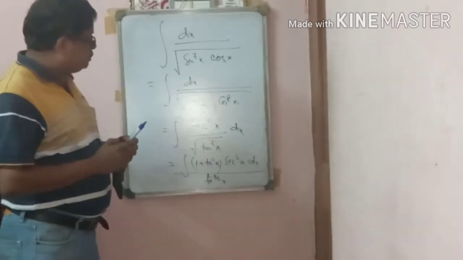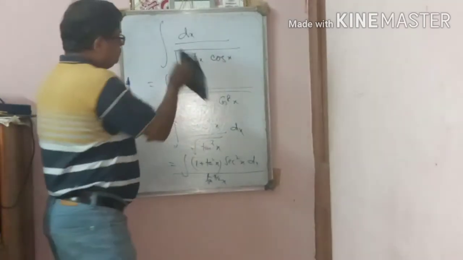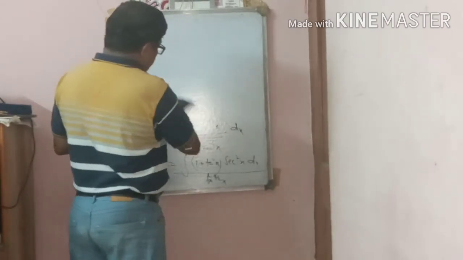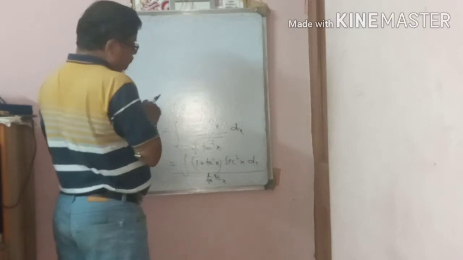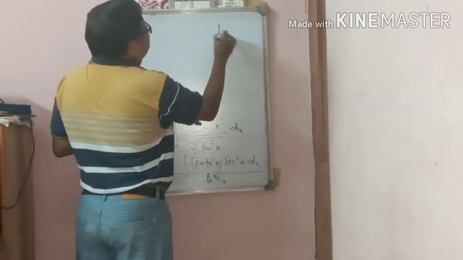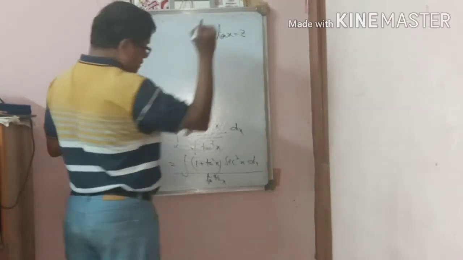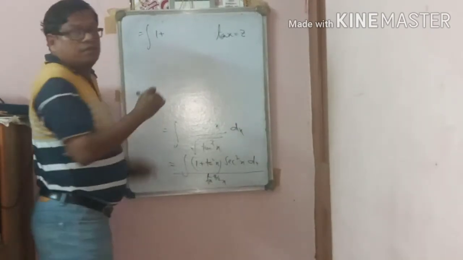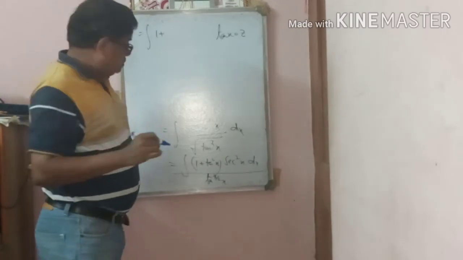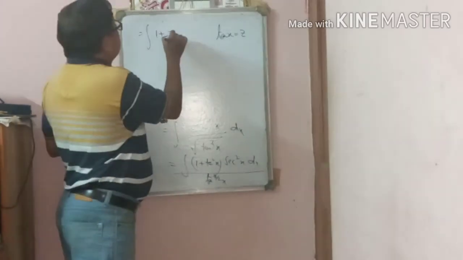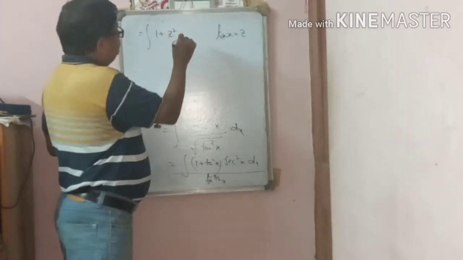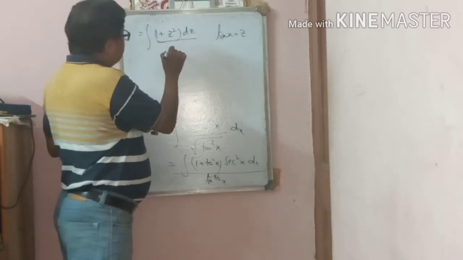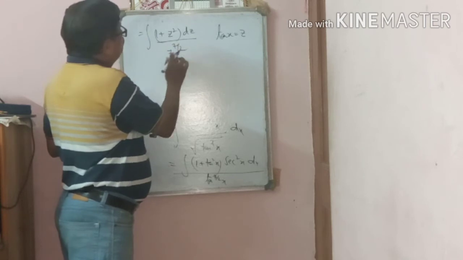Now write tan x equals z. So you can write here 1 plus z square, dz by z to the power 7 by 2.